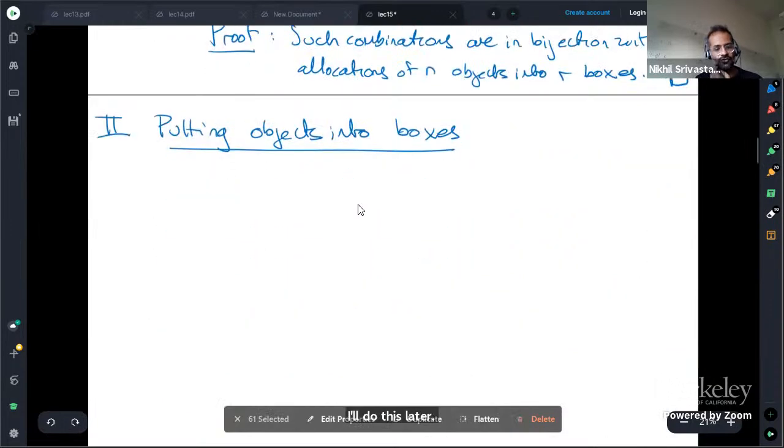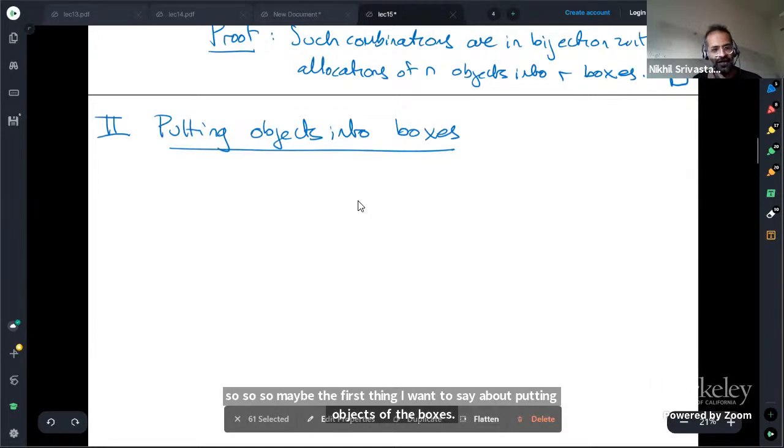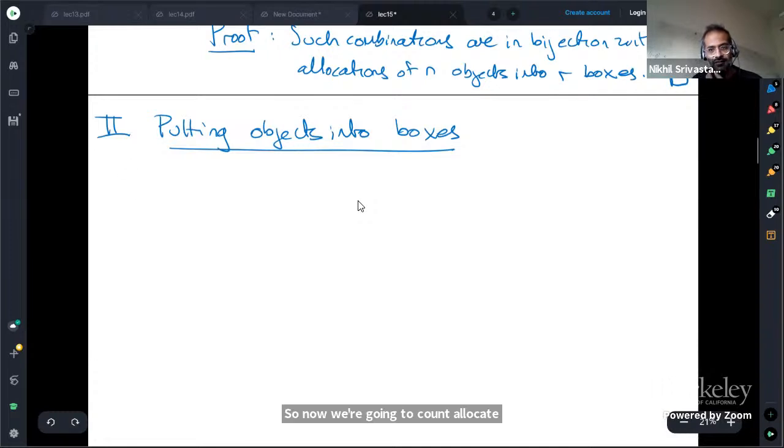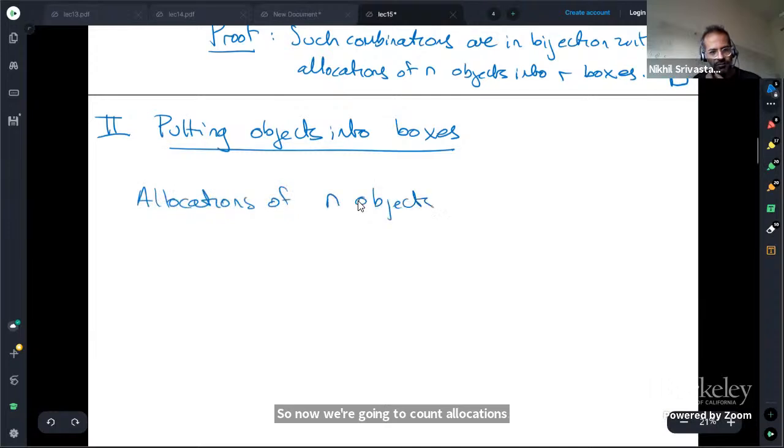Okay, so maybe the first thing I want to say about putting objects into boxes is let's make another table. So now we're going to count allocations of n objects into k boxes.